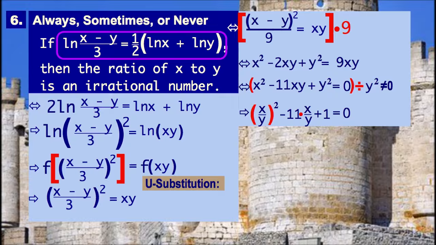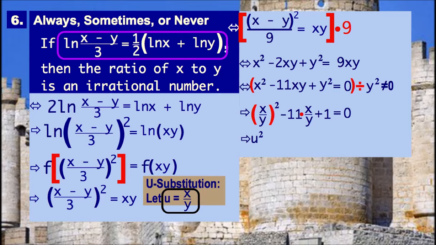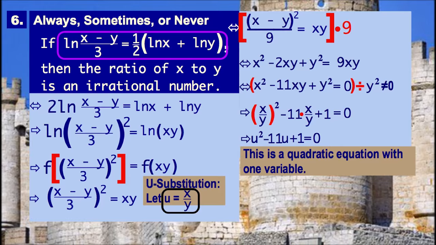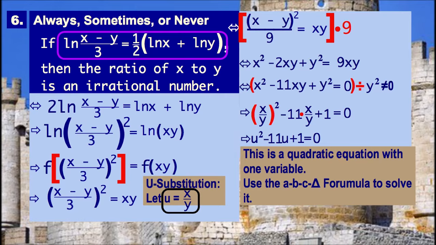Utilizing u substitution, where we let u be equal to x over y, thus u squared minus 11u plus 1 equals 0. This is a quadratic equation with one variable.